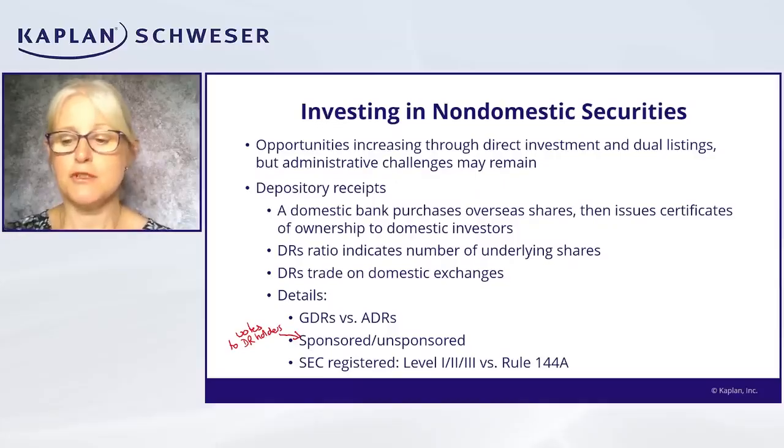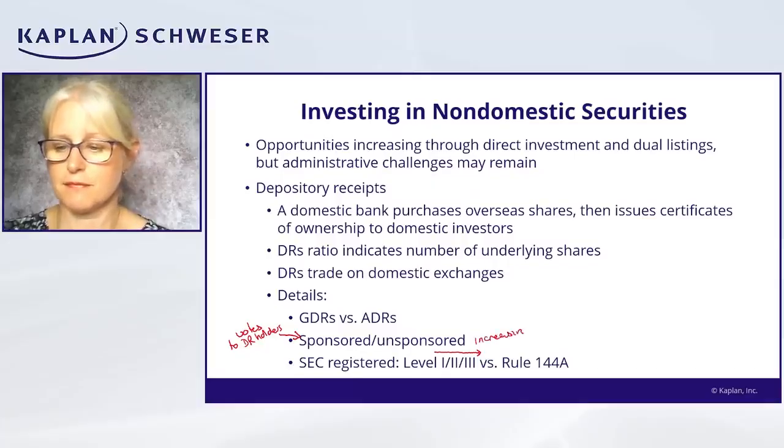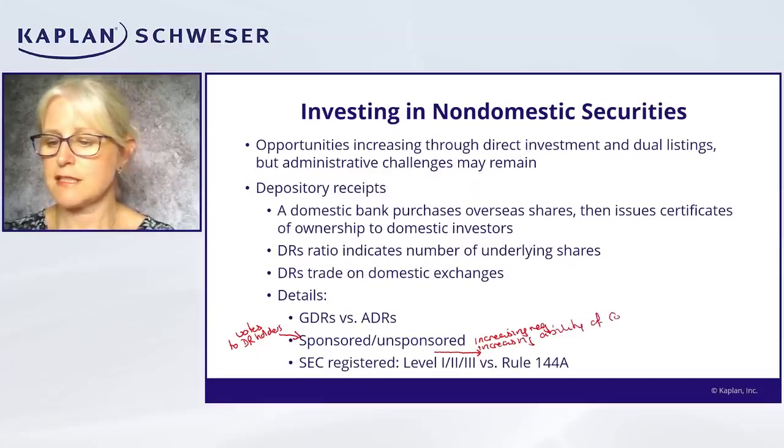And as you move up the levels, so from 1 to 2 to 3, you are increasing the regulation. You are increasing the ability of the overseas company to actually raise finance.